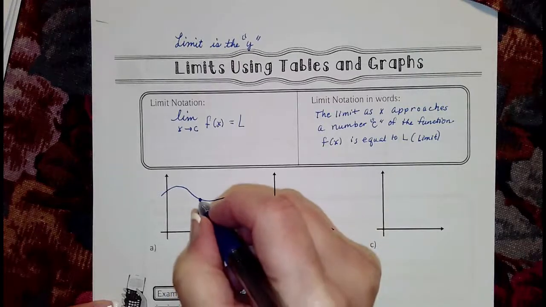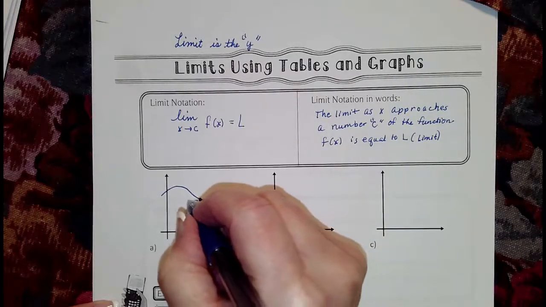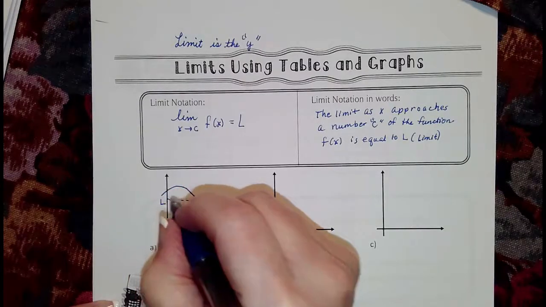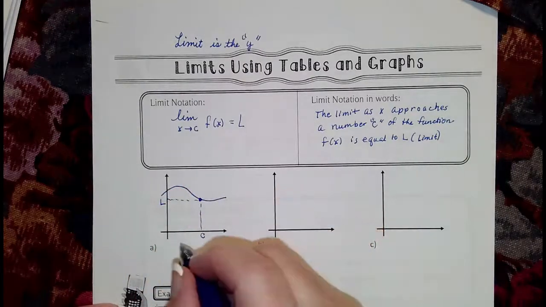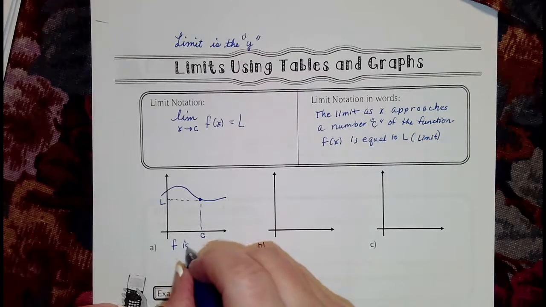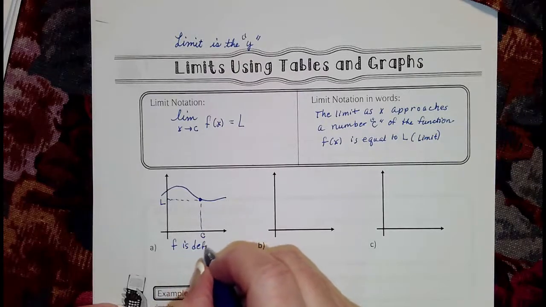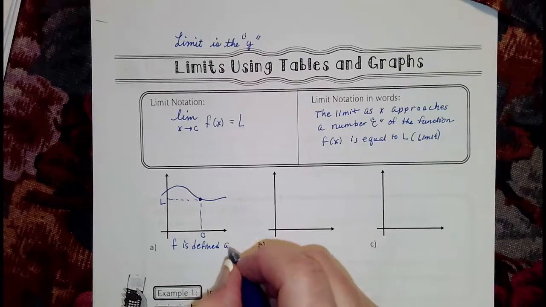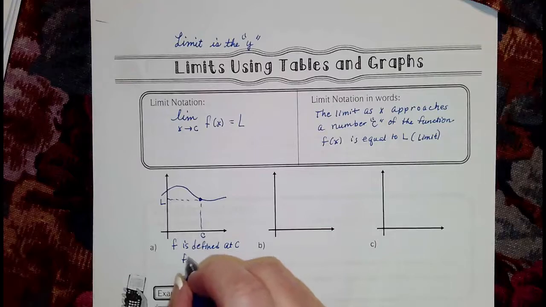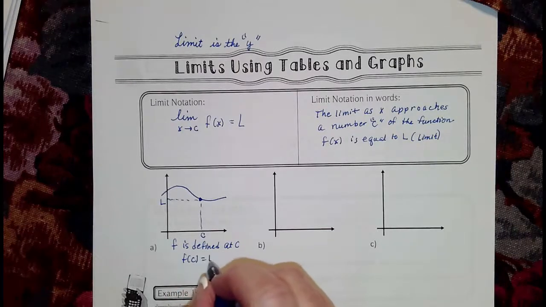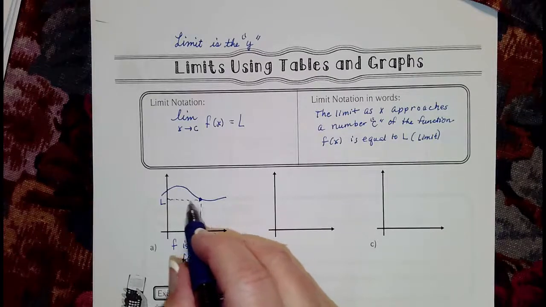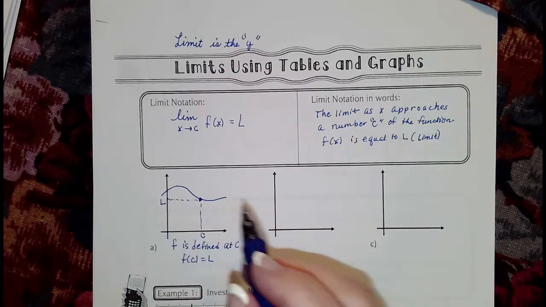The c value of f of x is going to have a certain value, and we call that L. So this is f is defined at c, such that f of c equals L. So this is the point c that's going into the function, and then that's going to be our output from the function, the limit.